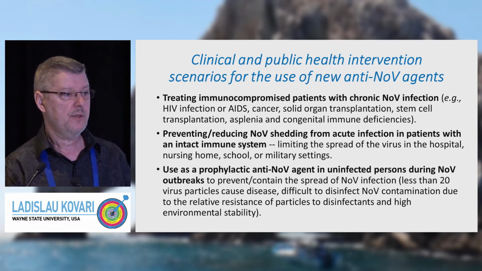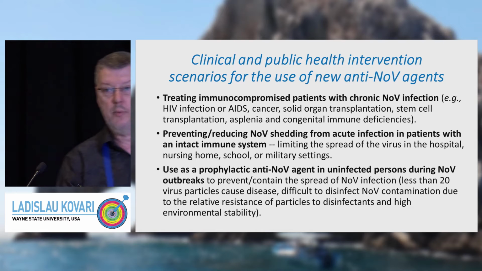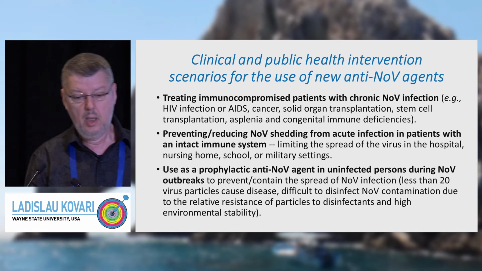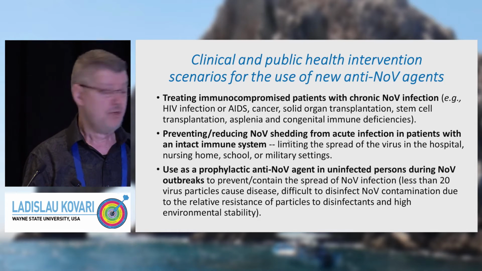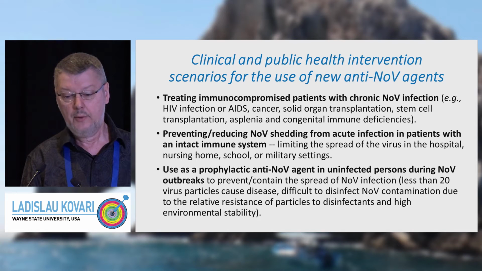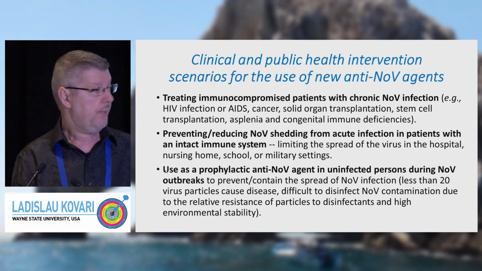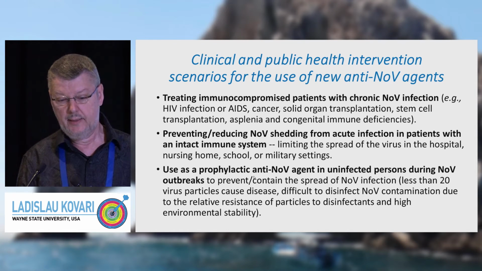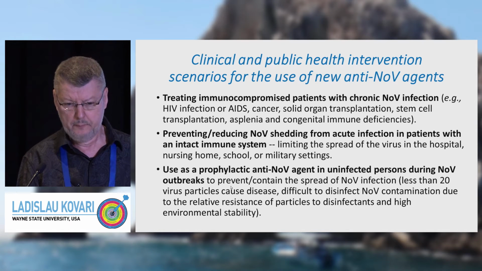In these patients, the course of the infection is very long, and they would be the first candidates for therapeutic intervention. Another modality would be reducing norovirus shedding in acutely infected patients. And a third therapeutic intervention modality could be prophylactic in cases of norovirus outbreak.